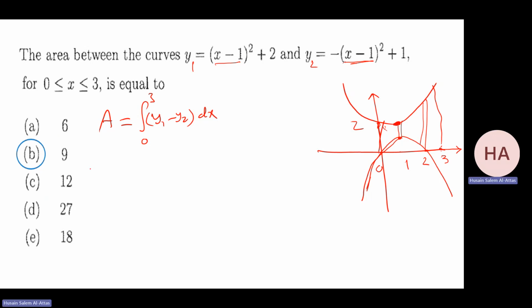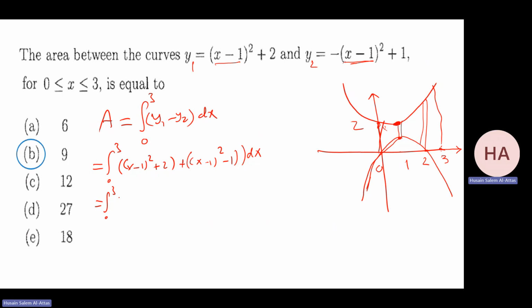Okay, so let me do the calculation. That will be the integral from 0 to 3 of (x minus 1) squared plus 2, minus, so right away multiply by minus, that will be plus (x minus 1) squared minus 1, dx.